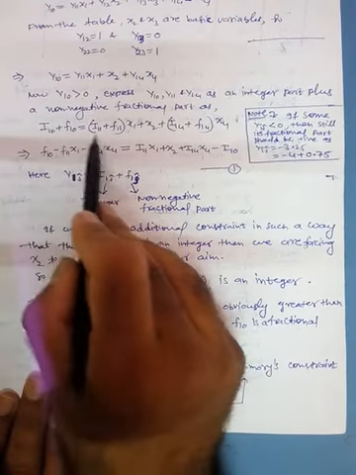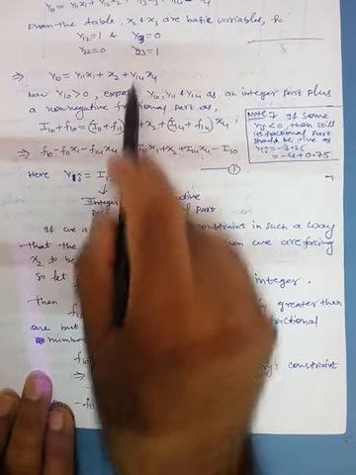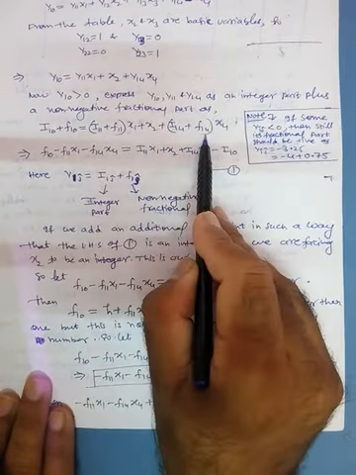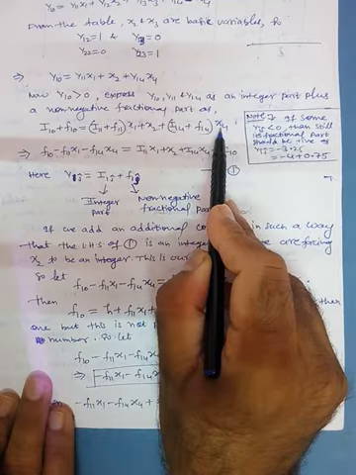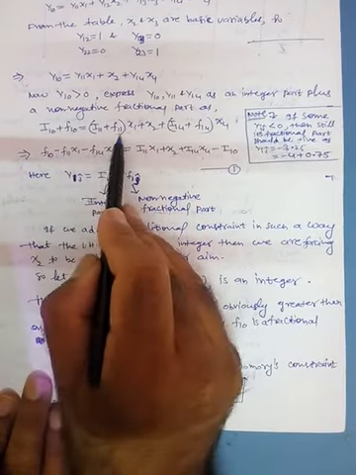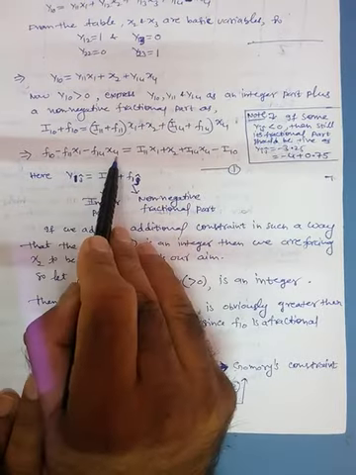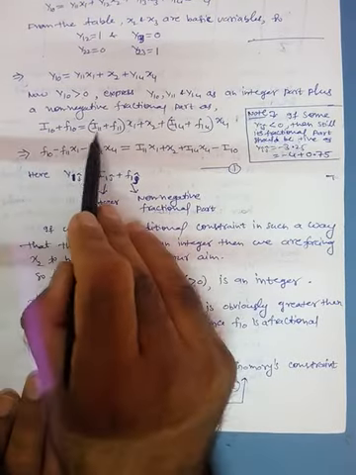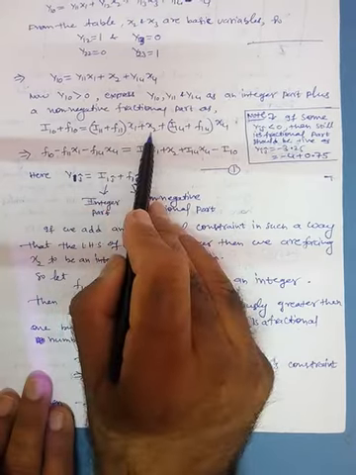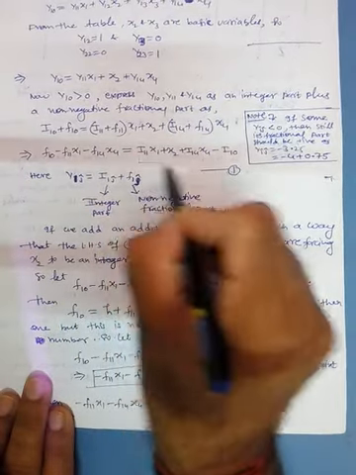Similarly y11 is integer plus fractional part, multiplied by x1 plus x2 plus y14 integer plus fractional part x4. Fine. Now all the fractional parts, f of 10, f of 11 x1 and f of 14 x4, we take to the left, and the integer parts, i10, i11 x1 plus x2 plus i14 x4, we take to the right. So these are the integer part and this is the fractional part.